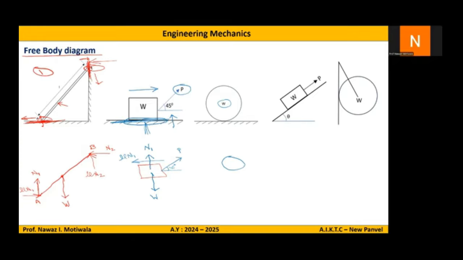Self weight to be shown vertically downwards with a weight W. So weight is W and shown vertically downwards. The third force which we show is the reaction due to contact surfaces. Now, this particular cylinder is in contact at this particular point in the diagram, at this particular surface.